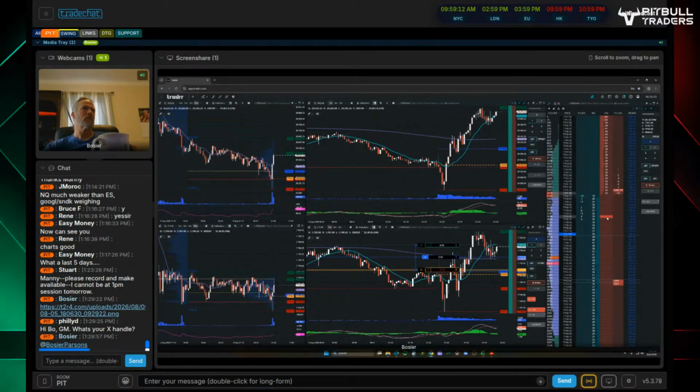See if NQ can break through or not. Come on. That sucked.